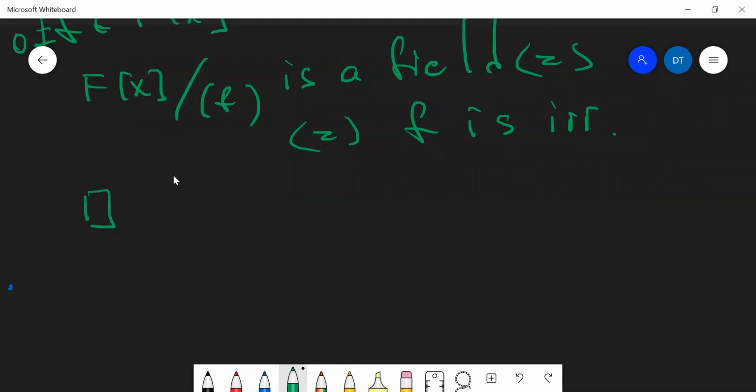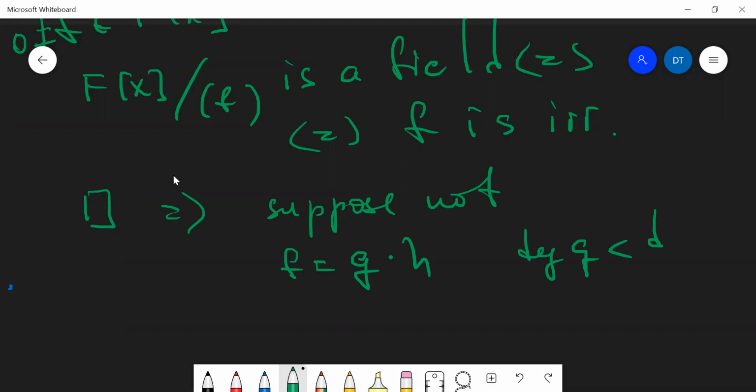So first of all, we want to show it from left to right. Suppose that this guy is a field, then we want to show that f is irreducible. Suppose not. Suppose that f is the product g times h, where the degree of g is strictly smaller than the degree of f, and the degree of h is strictly smaller than the degree of f.